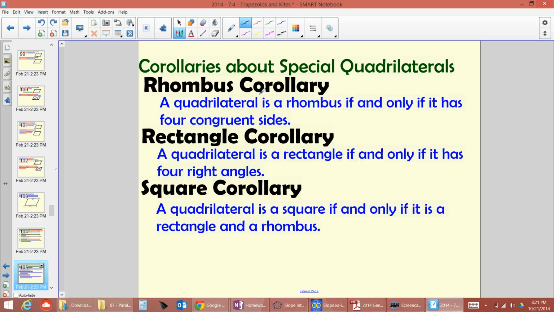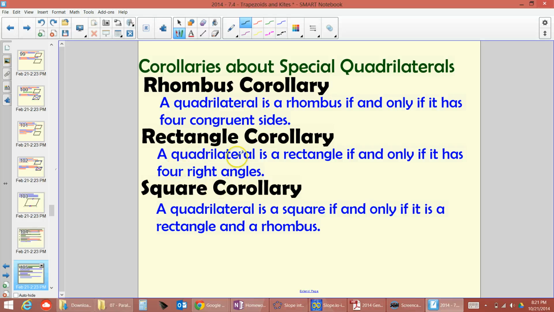If we go on further, we can talk about the rhombus corollary. A special kind of parallelogram is a rhombus. It has all four congruent sides. A rectangle is the special kind based on angles, where it has four right angles. A square is both a rectangle and a rhombus. It matches both of those criteria.